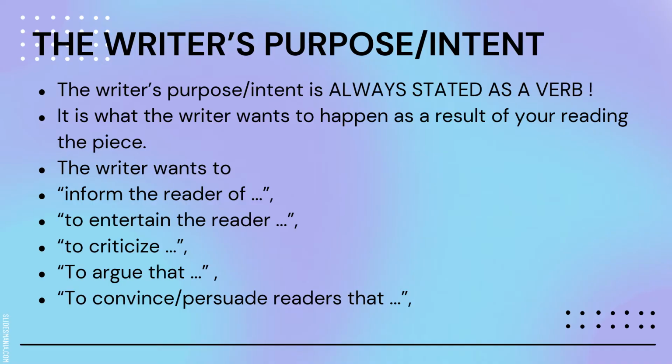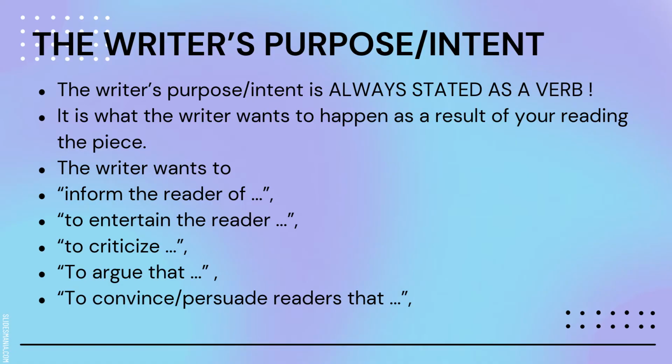So these are the verb action statements that go along with, for example, to inform the reader, meaning that it was an expository piece, or to convince, persuade readers means that it is a persuasive piece.